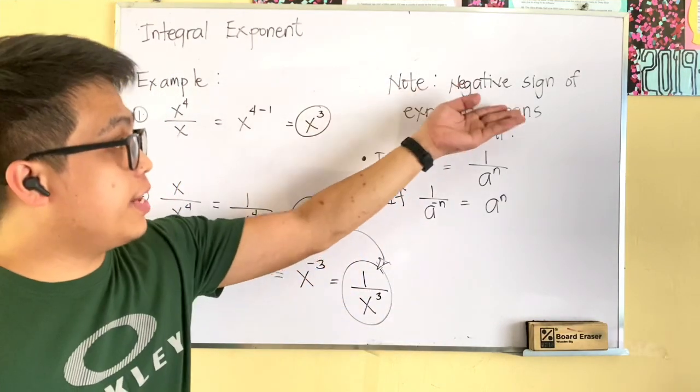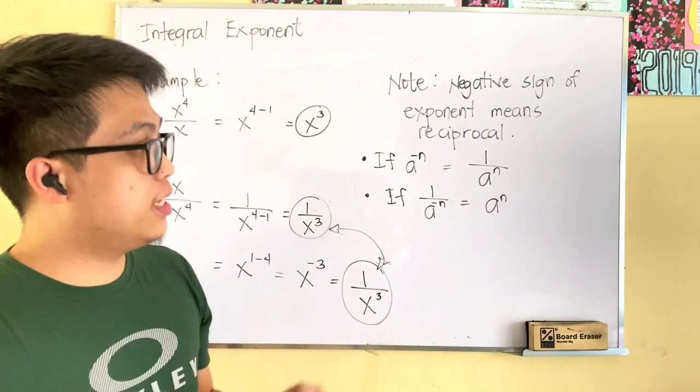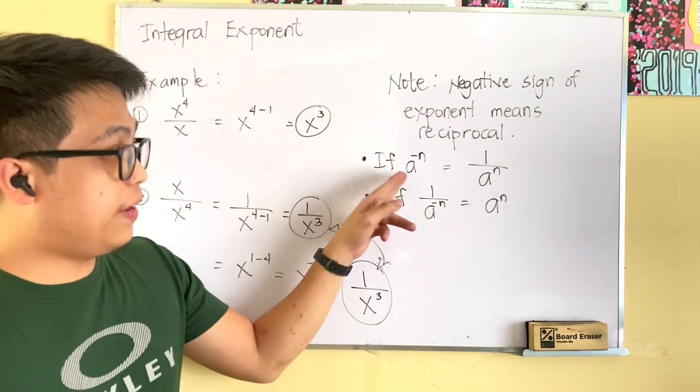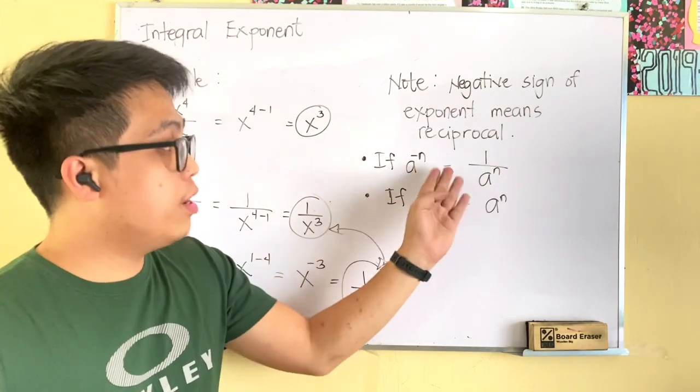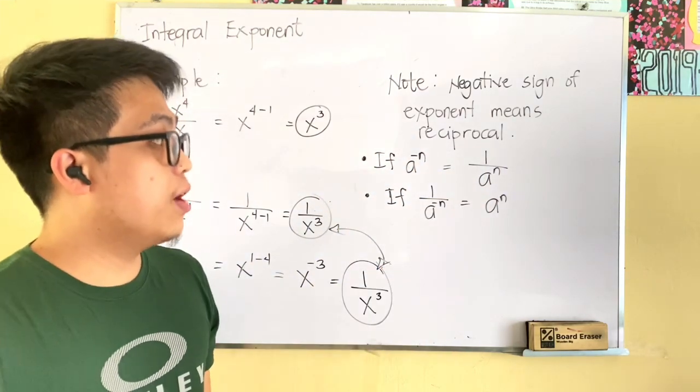Take note of this. A negative sign of an exponent means reciprocal. For example, if a raised to negative n, you can make it 1 over a raised to n.